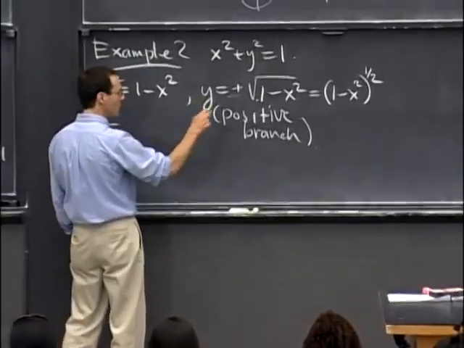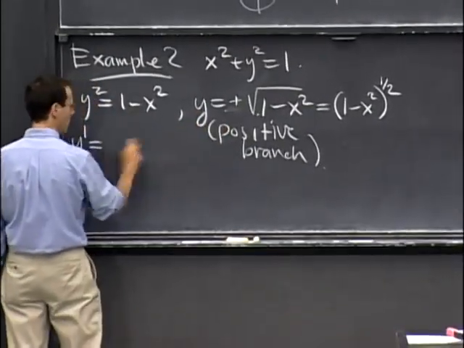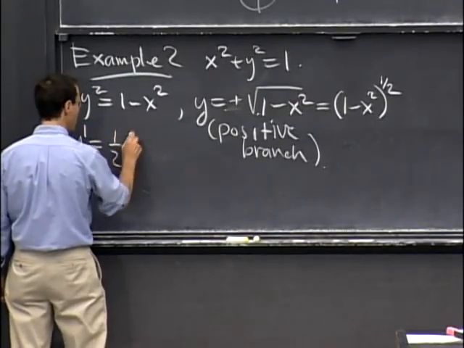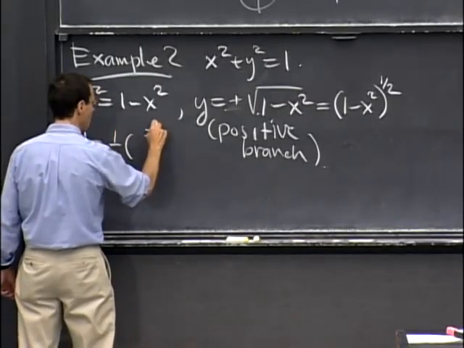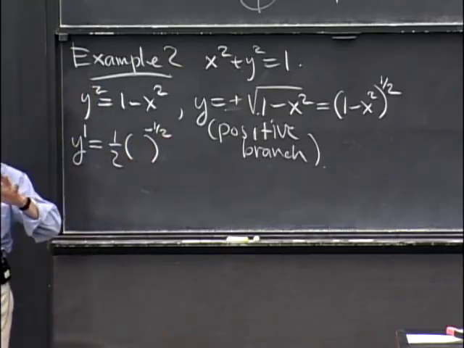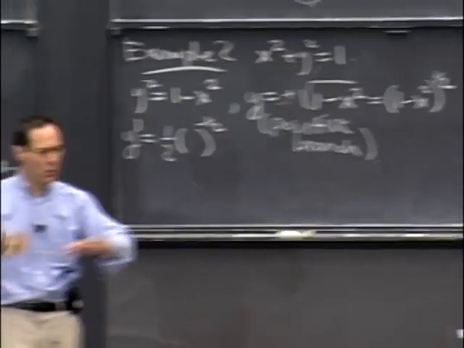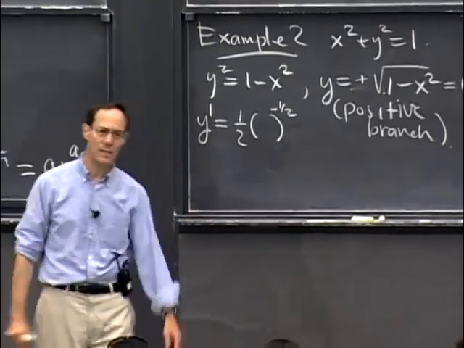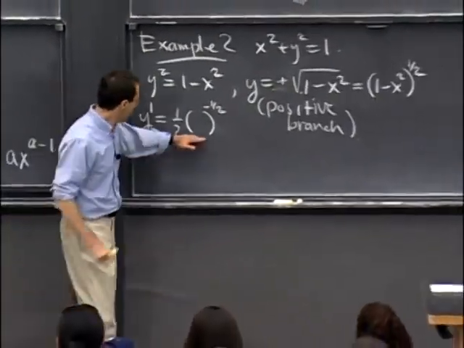Well, the first factor I claim is the derivative of this thing. So this is a half blah to the minus 1/2. So I'm doing this by the sort of advanced method now because we've already graduated. You already did the chain rule last time. So what does this mean?